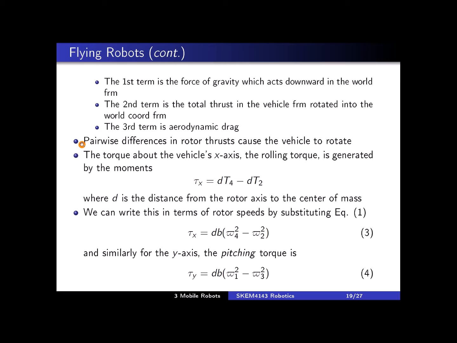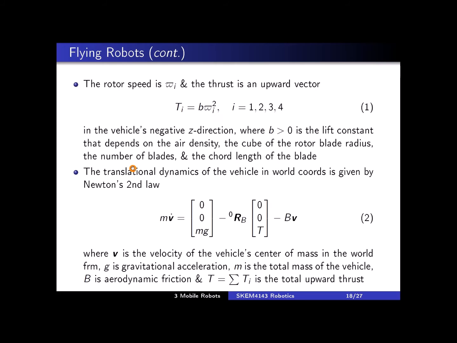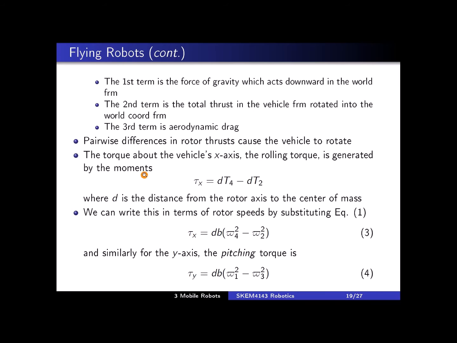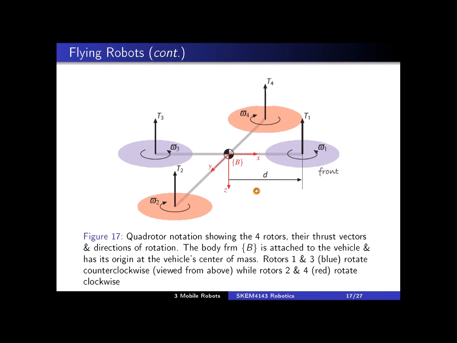So pairwise differences in rotor thrusts cause the vehicle to rotate. Okay, so now we will explain why these rotations are different. The torque about the axis of the vehicle, or the rolling torque, is generated by the moments, tau x. So tau x is the torque, which is equivalent to d multiplied by T4 minus d multiplied by T2.